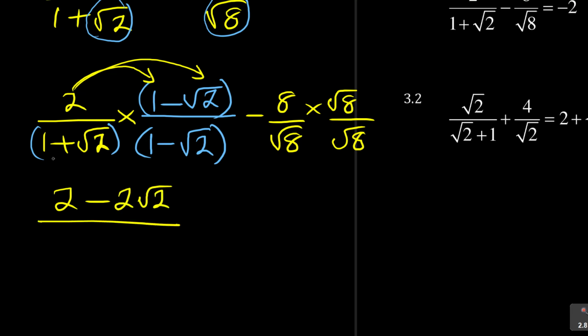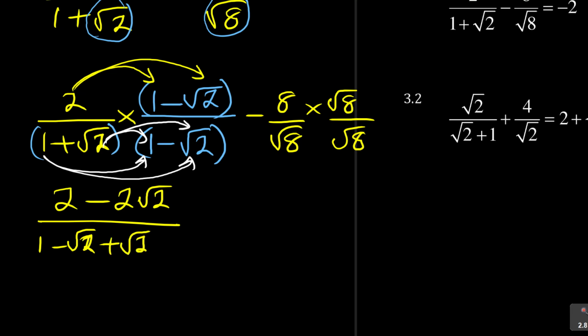alright, over, now remember the part I was referring to, you can multiply that and then multiply that, it will be the same. But if you want to prove it, multiply long like this, it will still give you the same. 1 times 1, it's 1, 1 times negative root 2, negative root 2, root 2 times 1 plus root 2, and then root 2 times root 2.